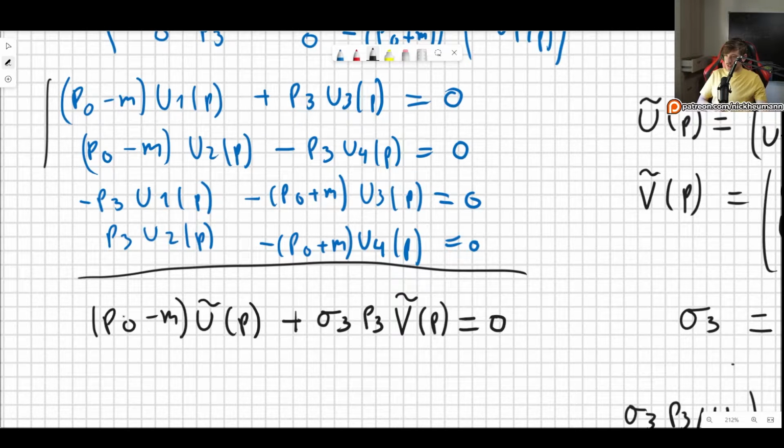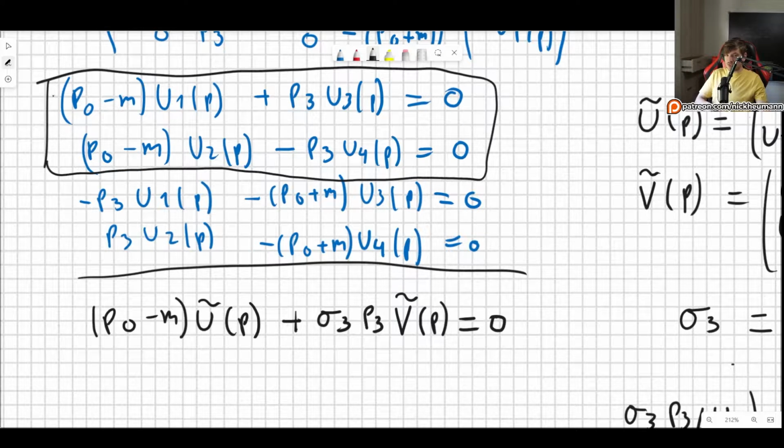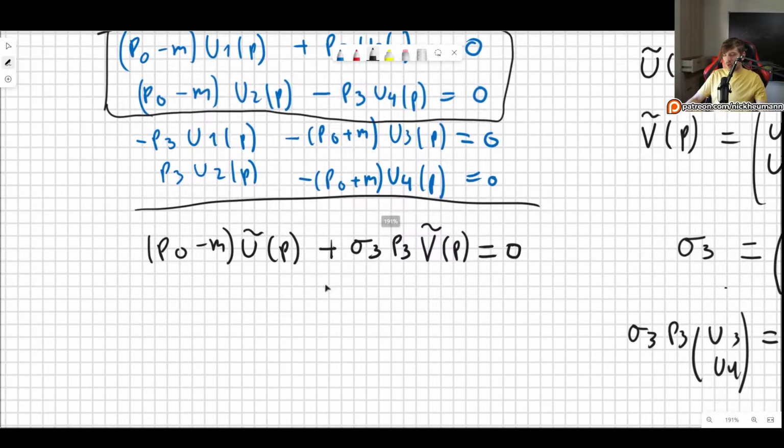Okay, so now in this little concise equation, we have written all the information that is in these two equations, right? So you can see that we have simplified this quite a little bit. And now we can do the same thing down here, but notice that here we have the minus changed, right? So that would be minus sigma 3 p3 u tilde of p, right?